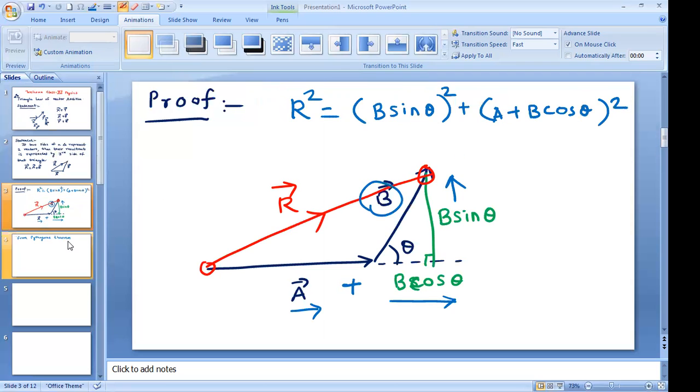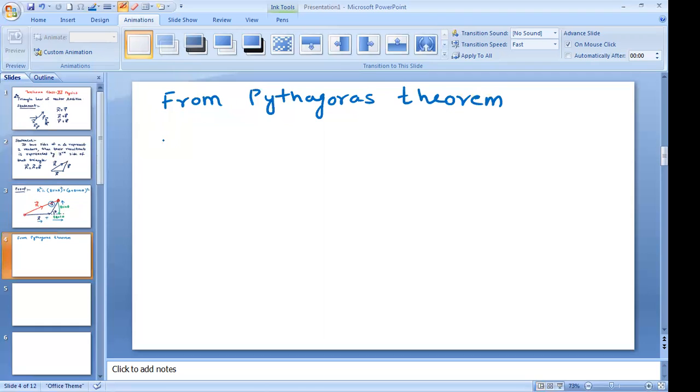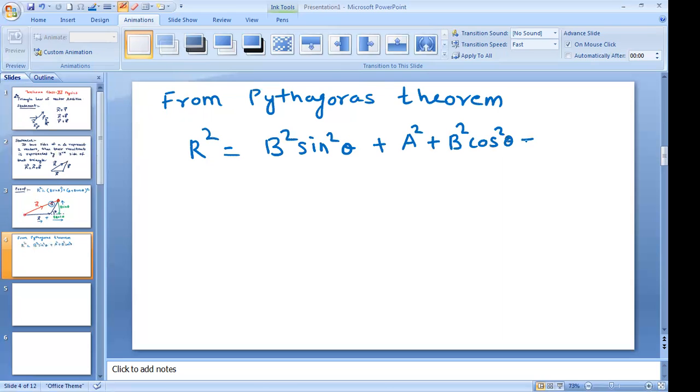Now what I will do, I will use basic class 9th mathematics. We know that vector R square is equal to B square sine square theta, and I'll expand that A plus B cos theta whole square: A square plus B square cos square theta plus 2AB cos theta.